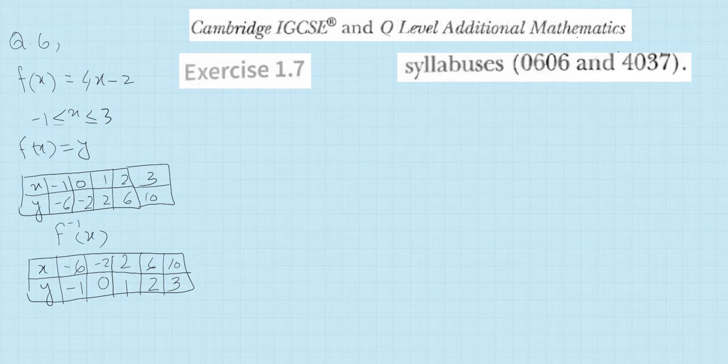Now it's a time of plotting. When you plot the values of x and y, you have to see the values of x and y in f(x) and in f inverse x.